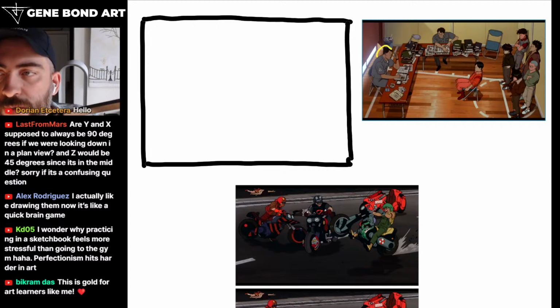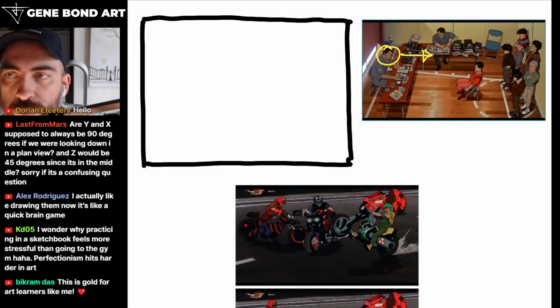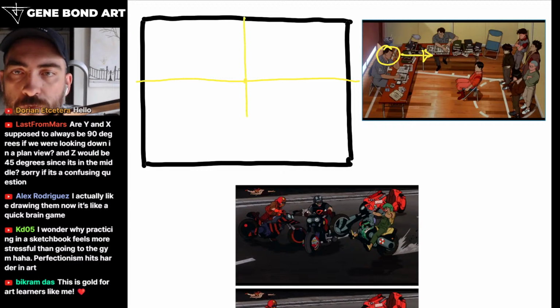Let's say this is some point of view of this guy. So I draw how he is looking at this group of teenagers. So here's his eye level, a vanishing point.